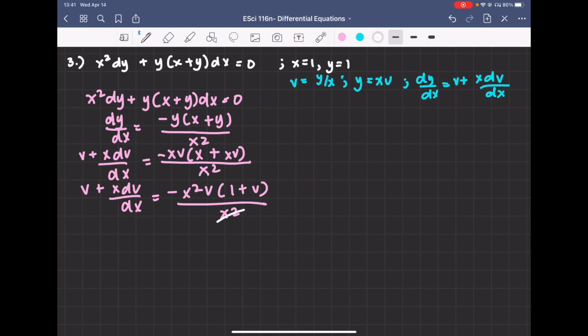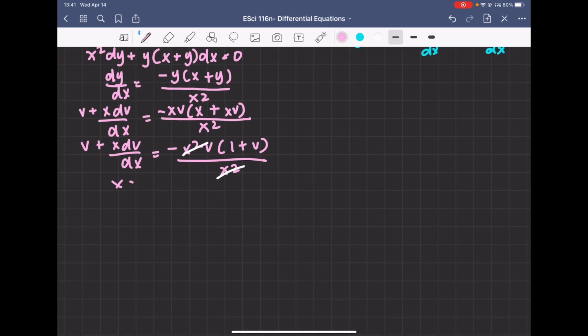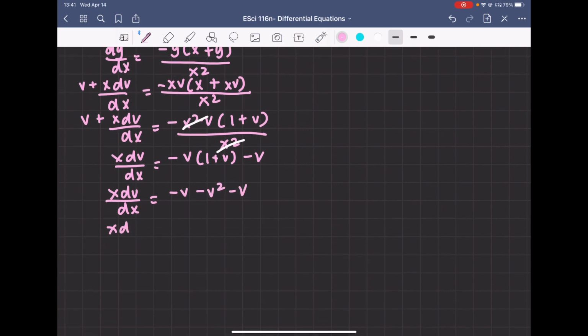So cancel out x squared, and moving our v from the left side to the right side, we have x dv over dx equals negative v times 1 plus v minus v, and this can be simplified as negative v minus v squared minus v, or negative v squared minus 2v.